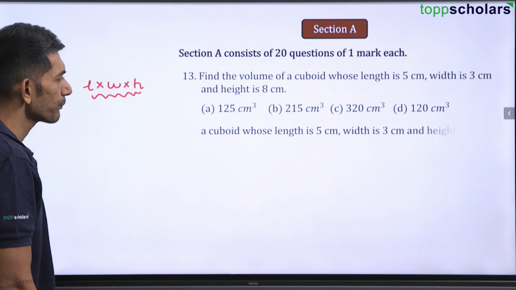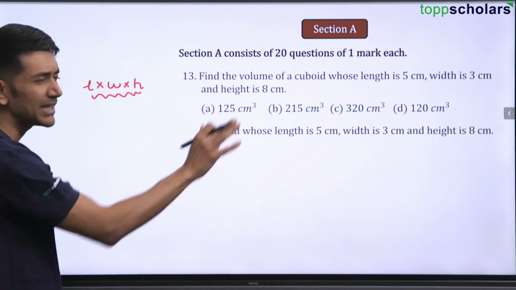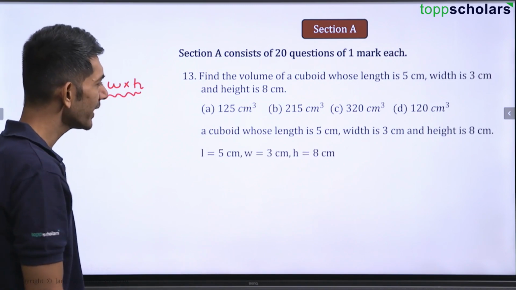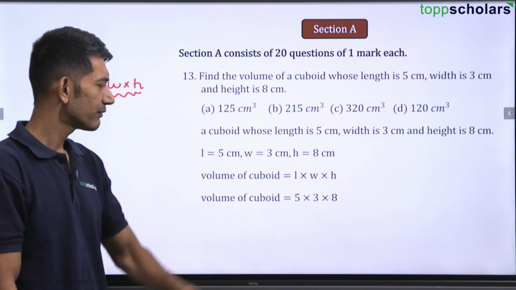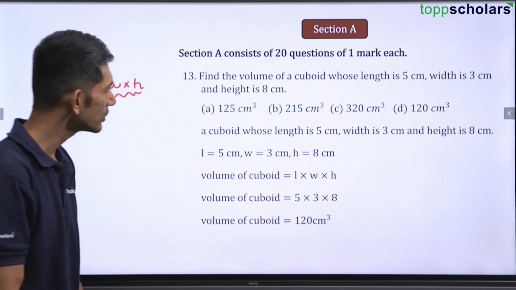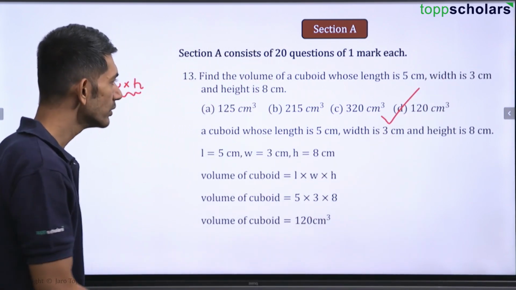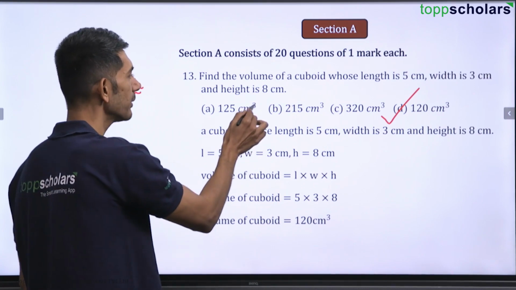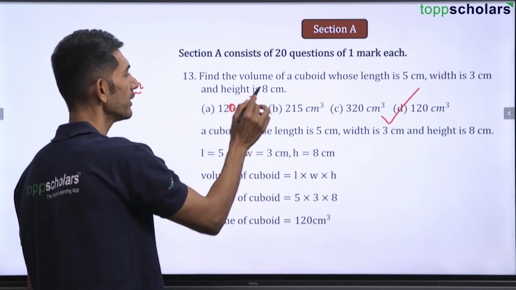Perfect. So cuboid is given, length, width, height is given. Just multiply the 3 numbers, 5 into 3 into 8, right? So 5 3s are 15, 15 8s are 120, right? So 120, is it there in the options? Yes, 120 cubic centimeter. Sometimes what they do is, they'll give you 120 cubic centimeter, they'll give you 120 again cubic centimeter.